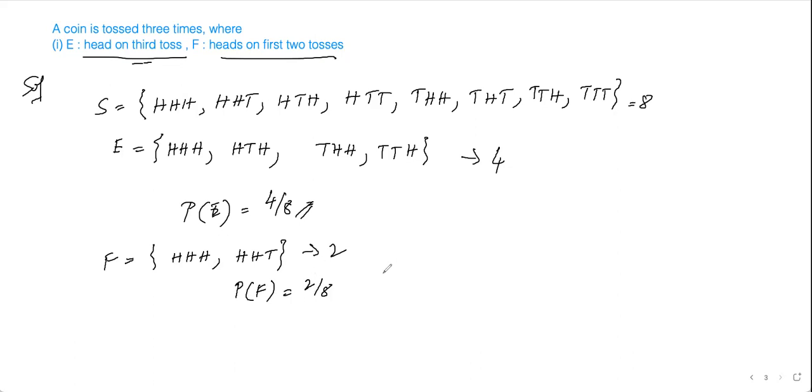Now E intersection F will be only head, head, head, and the probability of E intersection F is 1 by 8.